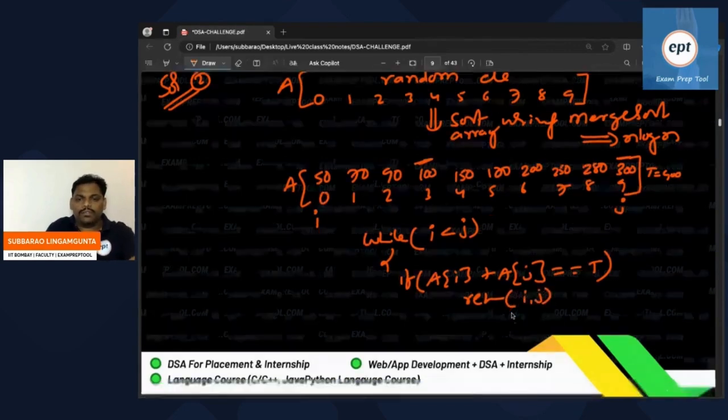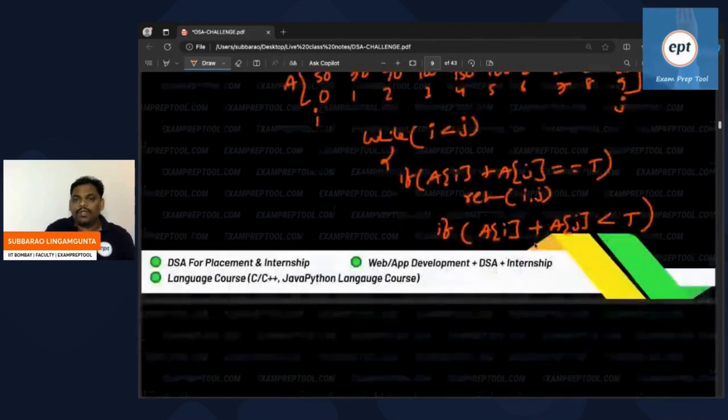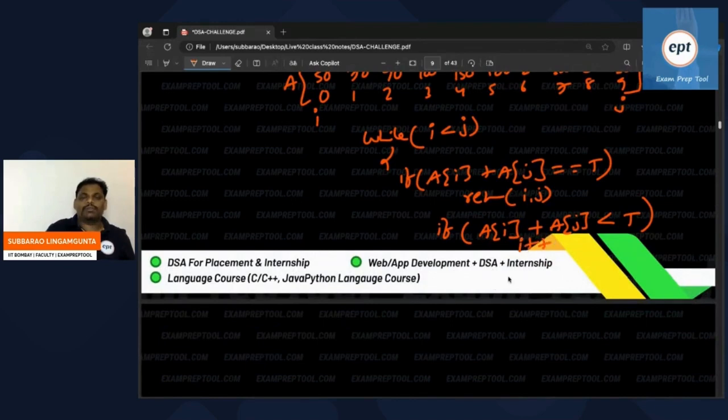Suppose it is not. Then check one condition: if A of I plus A of J is less than target, I want more, so I will increment I plus plus.